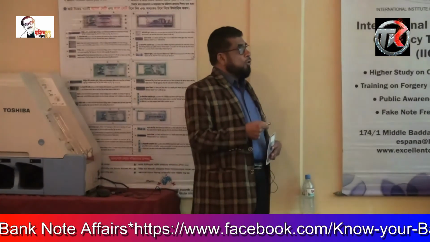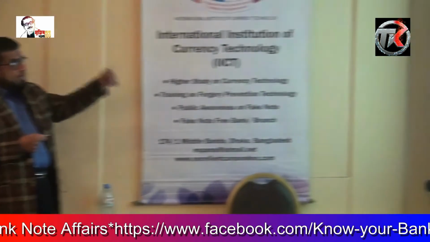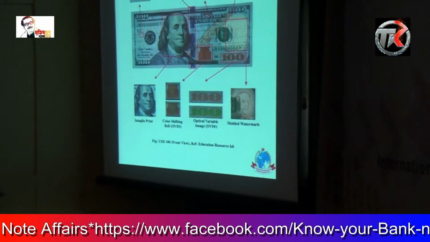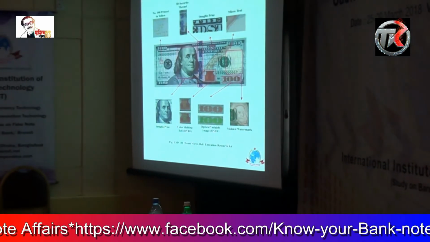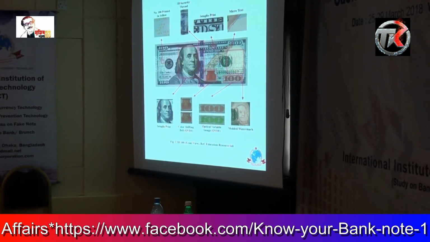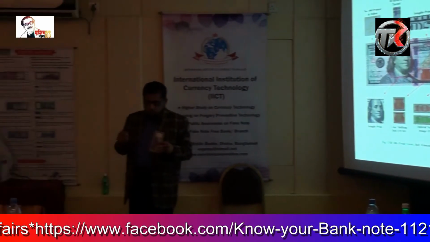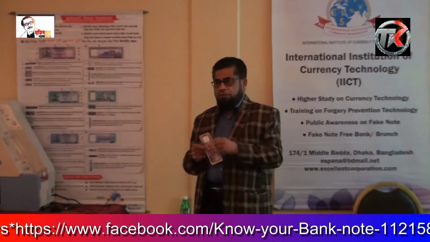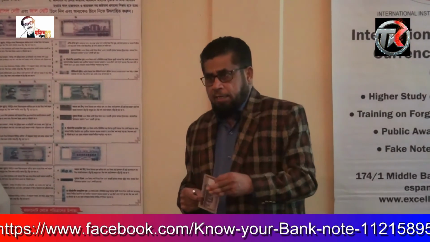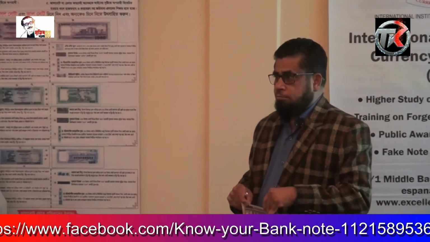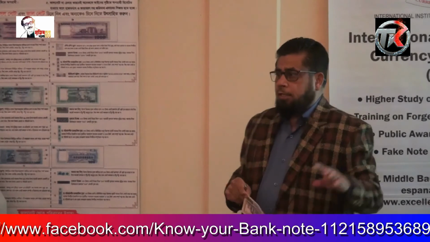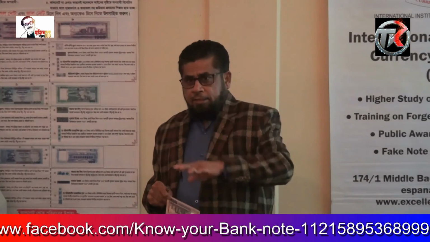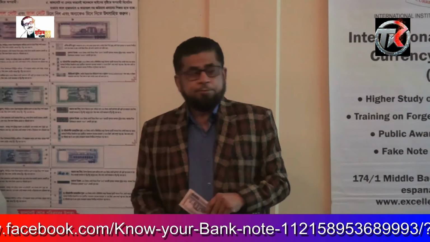To see this, you need some light or to check with some devices. So we can categorize how to authenticate the note: feel, light, look. This is why we categorize like this.